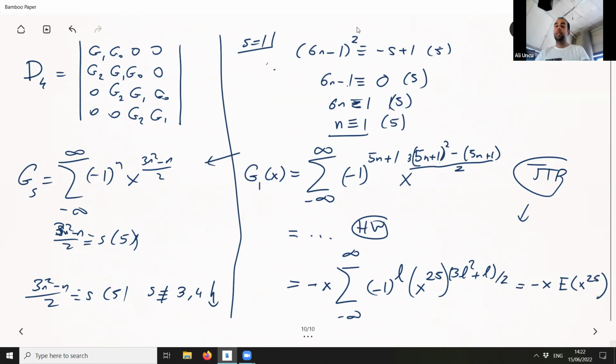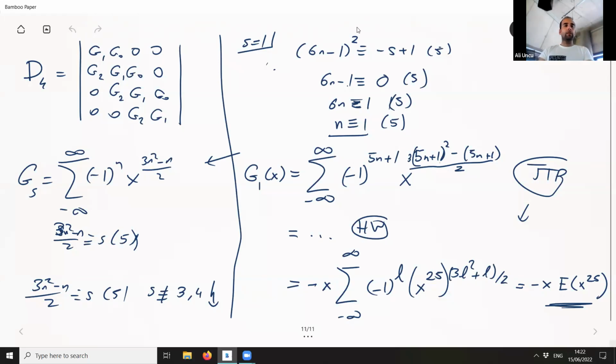So that x to the 25 that we wanted to cancel is coming from that G1 at the very least. Cool. Now we know that G3 is 0, G4 is 0, G1 we have a formula for. So now only if we can understand what G0 and G2 are, we can solve this determinant. And that is basically the end of the thing.